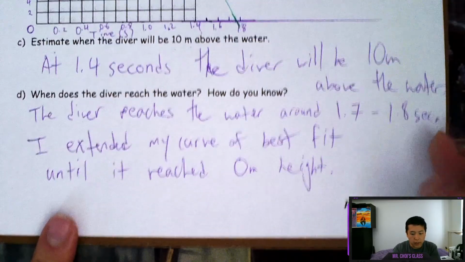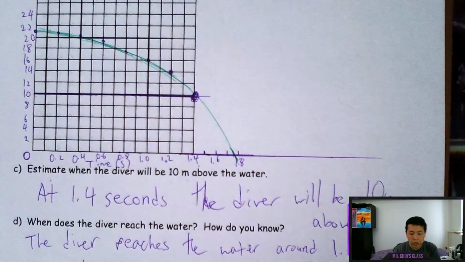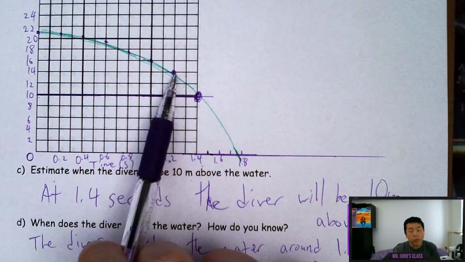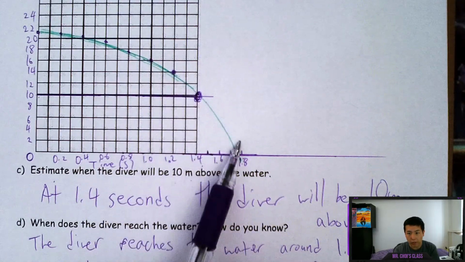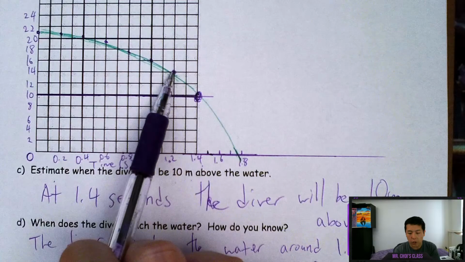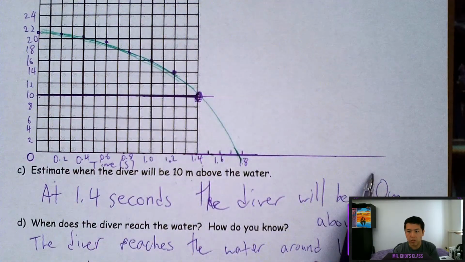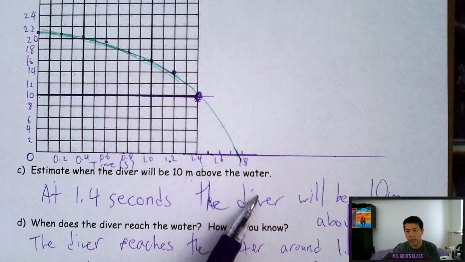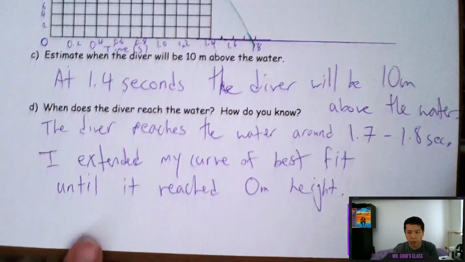So once again, normally many of you would stop drawing the curve of best fit right at that point. But if you are going to estimate, you have to keep that curve going. Now a lot of people make the mistake and they draw a straight line like this. Remember, it's a curve. So you're going to follow the natural curve of that line. It's going to have to drop.